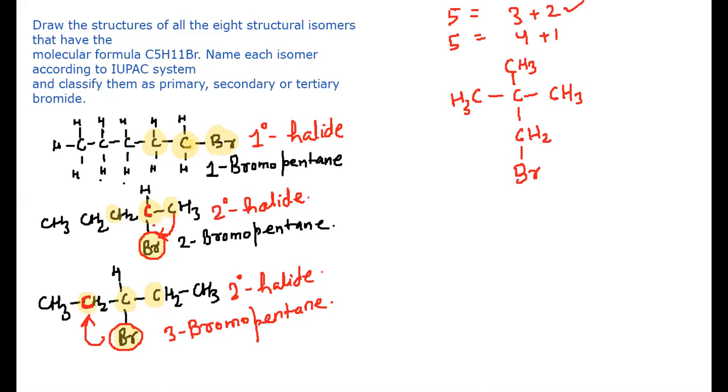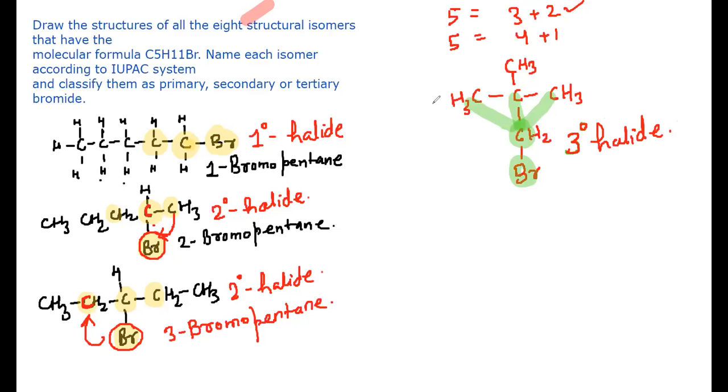Now in this molecule, the bromine is attached to a carbon atom that is attached with 3 carbon atoms, and hence it is a tertiary halide. But what will be its IUPAC name?